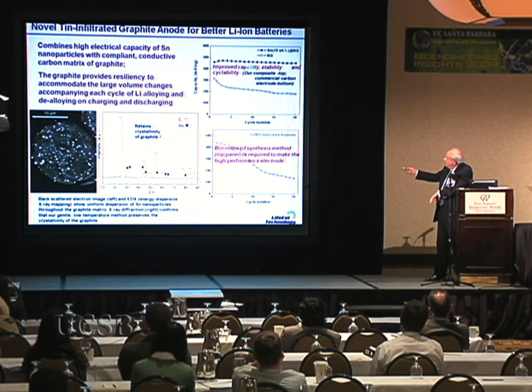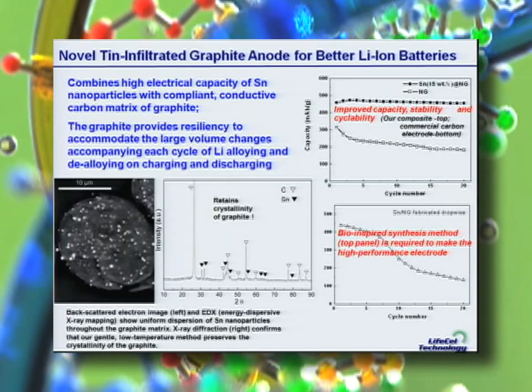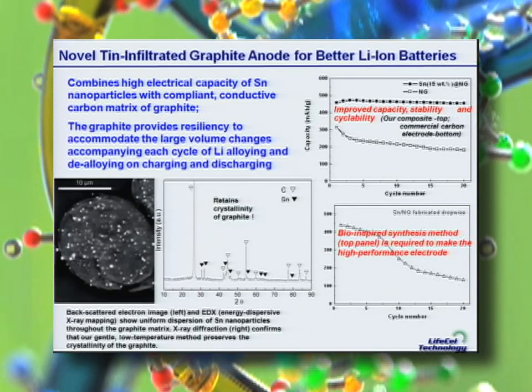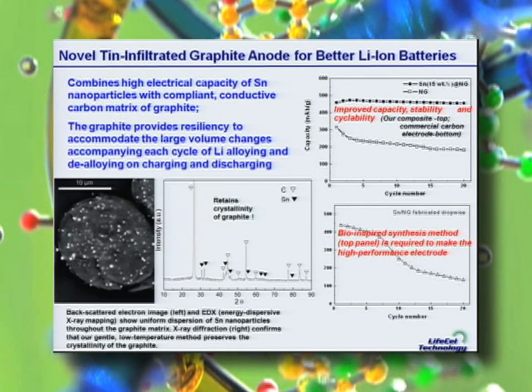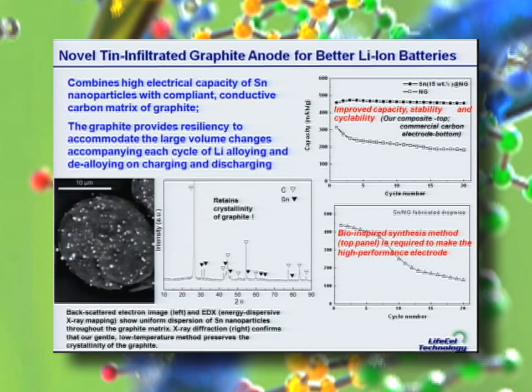The result, as you see here, is a 30% higher electrochemical capacity than the present commercial graphite, with rock-stable stability. If you try to do this any other way, slowing down the chemical reaction with conventional means, you don't get there.